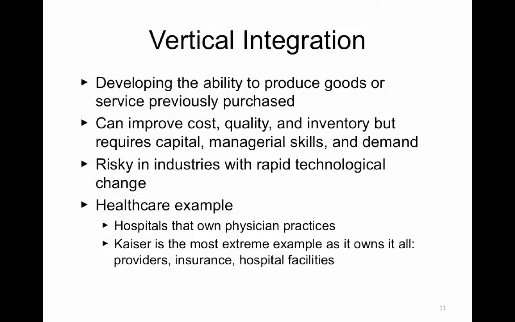Now, vertical integration, this is where, again, an organization does it all. So they develop the ability to produce the goods or service that were previously purchased. So previously you went out in the supply chain, maybe you found a farmer to do your hops and grain as the brewer, Budweiser.